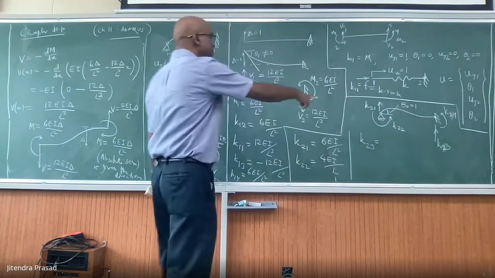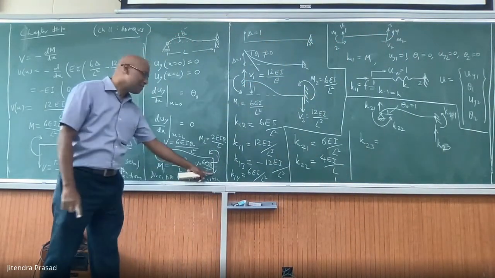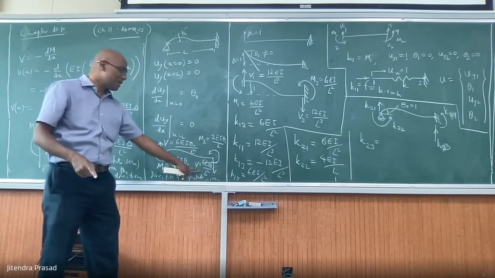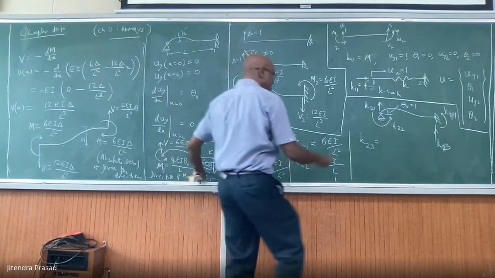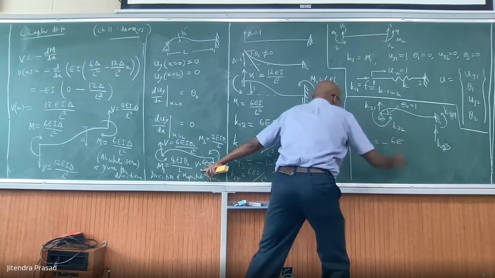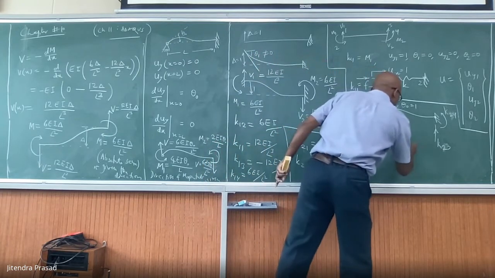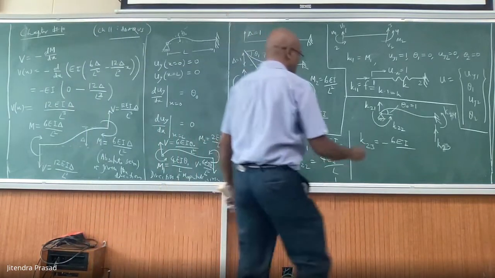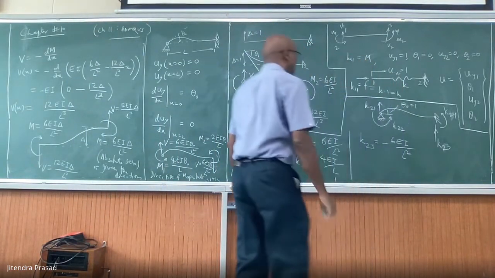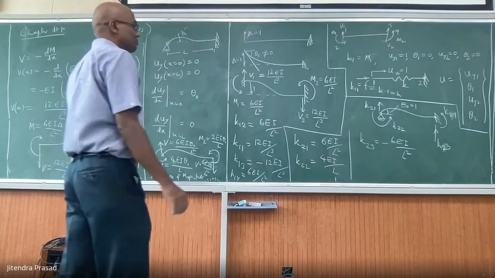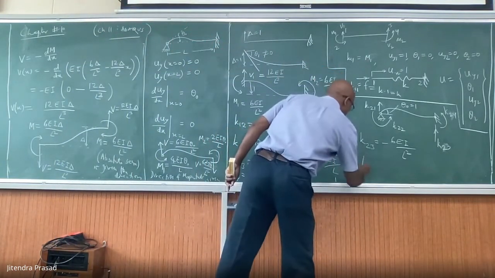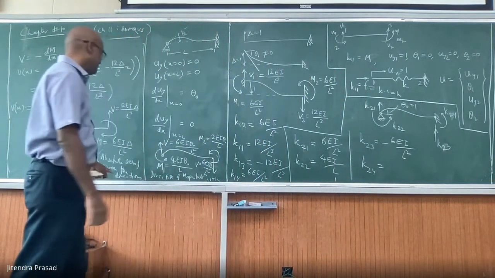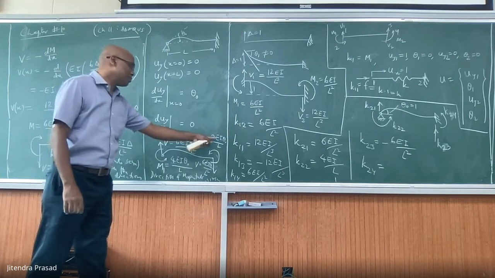So K23, in real sense, upward is positive, this is downward, so we get minus value. And K23 equal to minus 6 EI over L square. Then K24 is here, 2 EI over L.